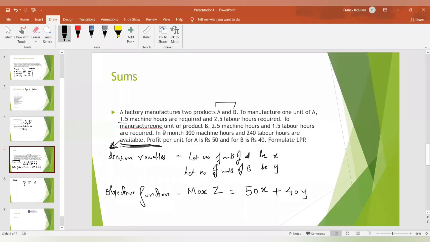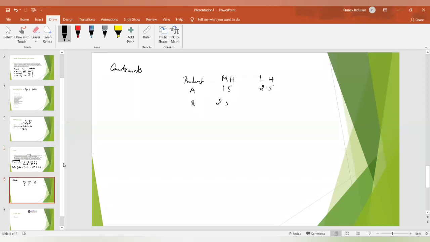Is that clear to all? And for B, 2.5 and 1.5. Is this clear to all? It's very simple. जो statement में दिया है ना वही मैंने एक tabular form में डाला है. I have put this up in a tabular form.